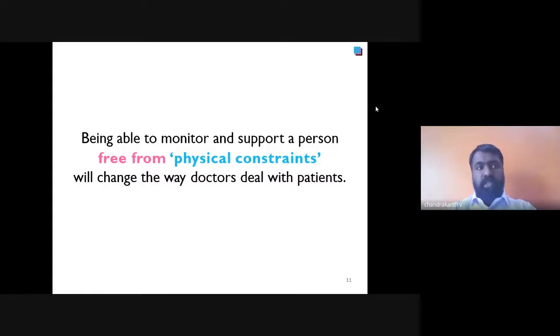So the efficiency of the doctor will improve as he need not move around all the patients in a hospital and spend his time. All he has to do is sit in front of a laptop or system where all the data will be coming, and as he's monitoring, he'll be able to make decisions from one place. That means he'll be able to monitor multiple people at the same time, and he should be able to assist.